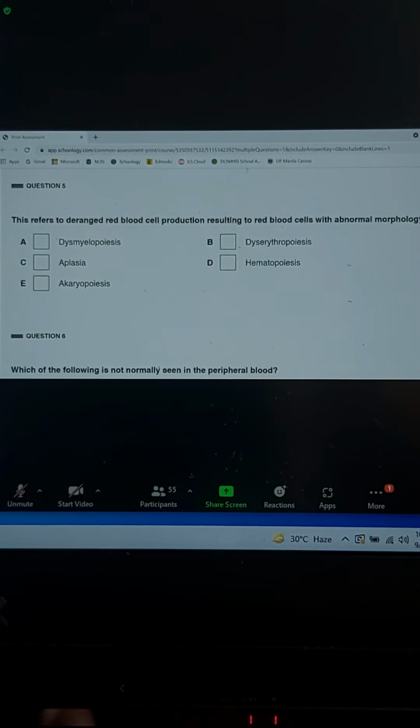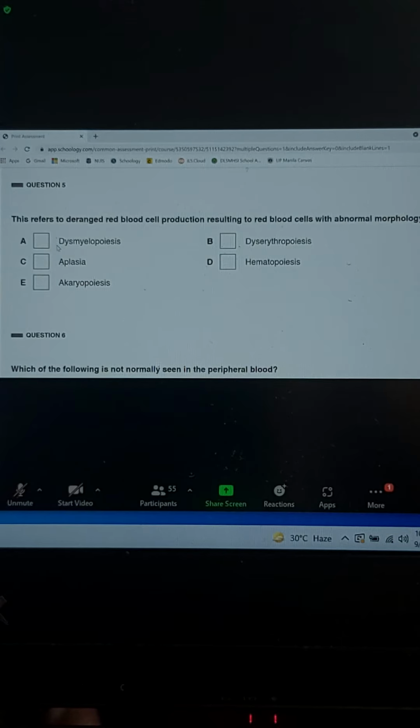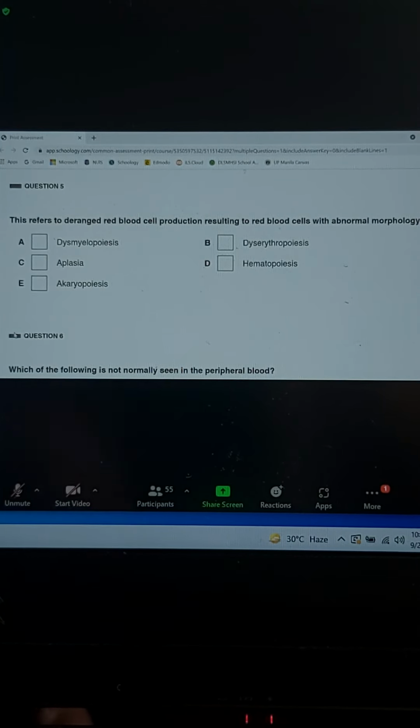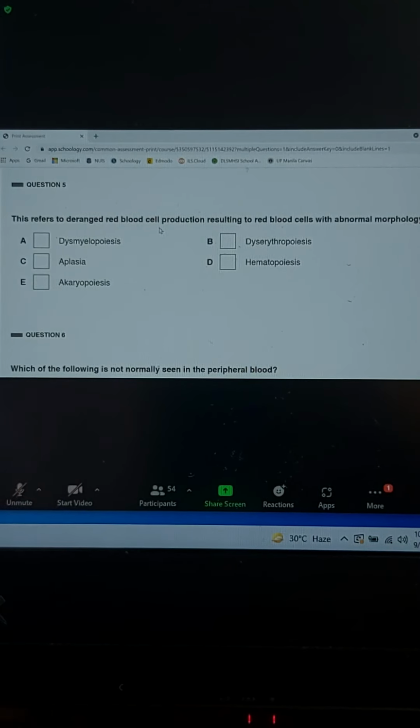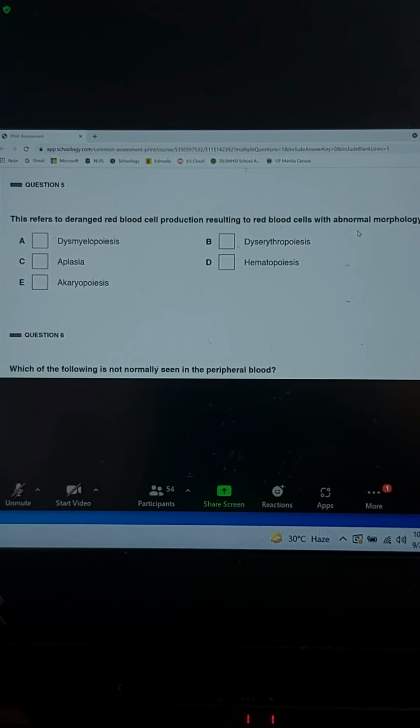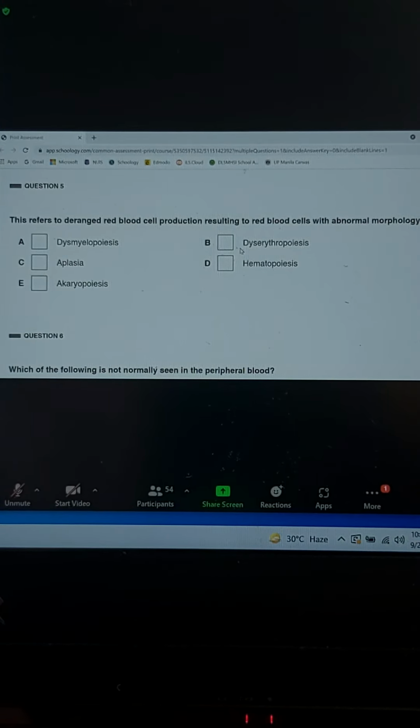So this erythropoiesis. So from the word itself na, di ba? Ayun. So this, di ba, yung DYS meaning abnormality. Erythropoiesis is, of course, red blood cell production. So it is deranged red blood cell production resulting to RBCs with abnormal morphologies called dyserythropoiesis.